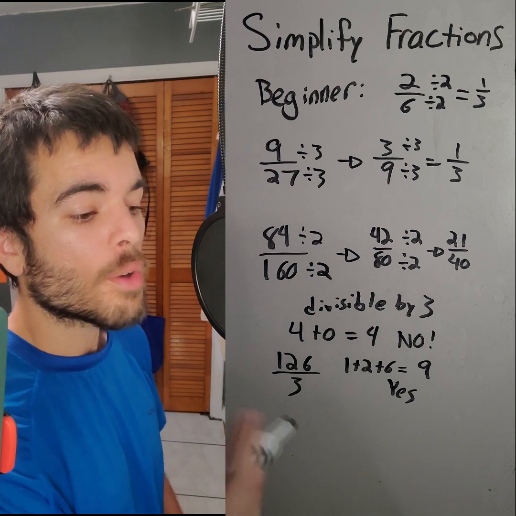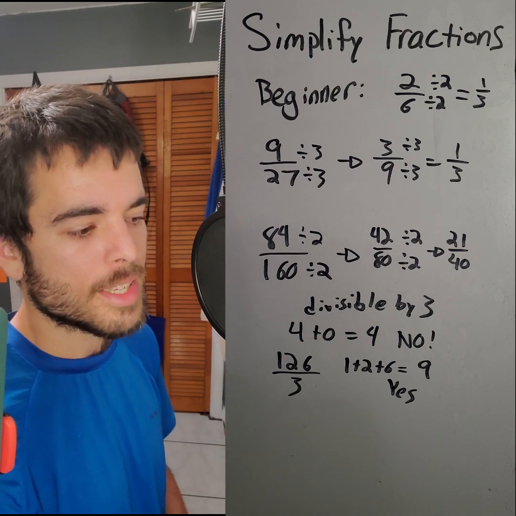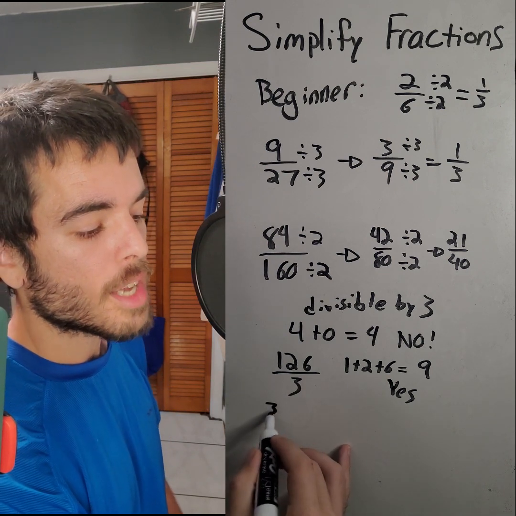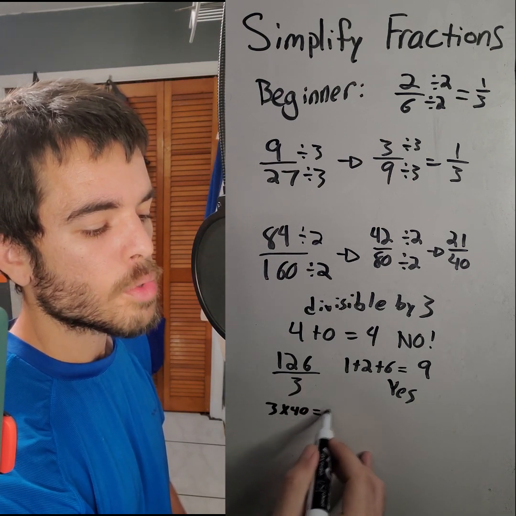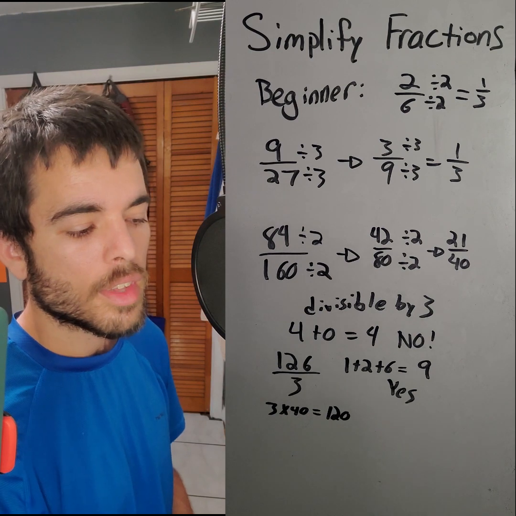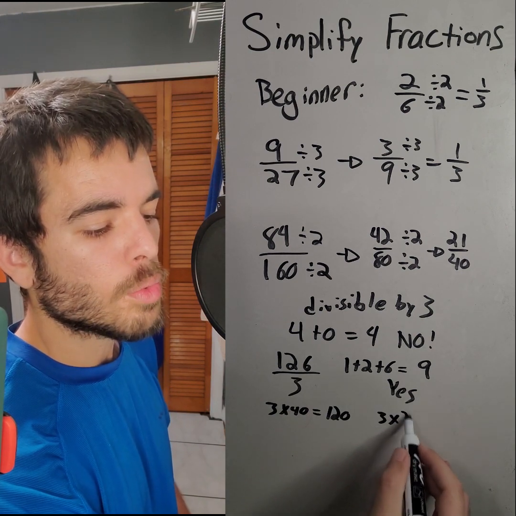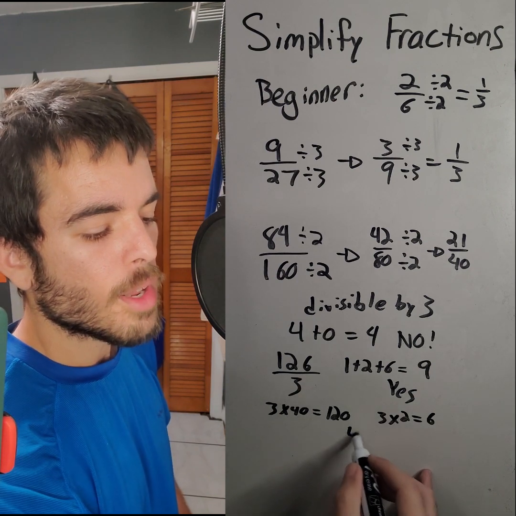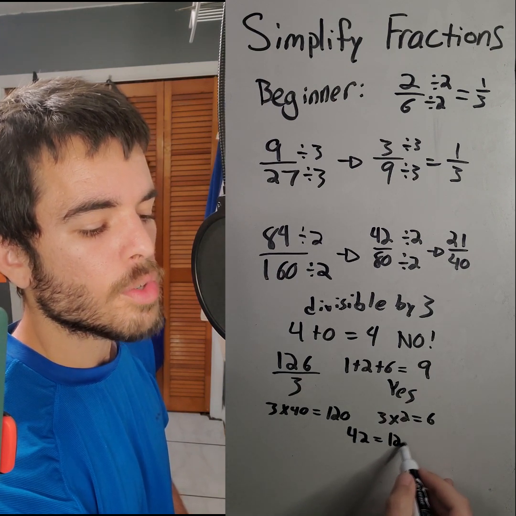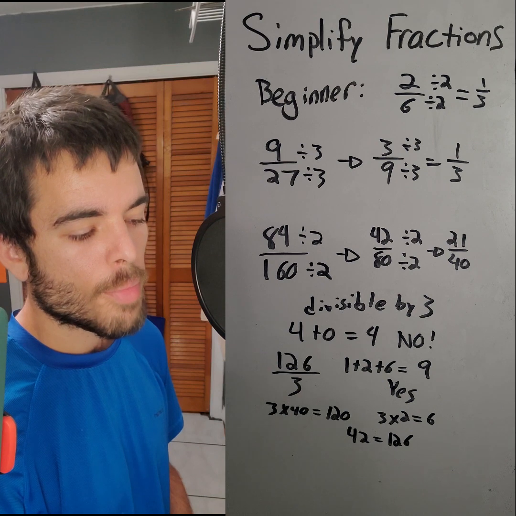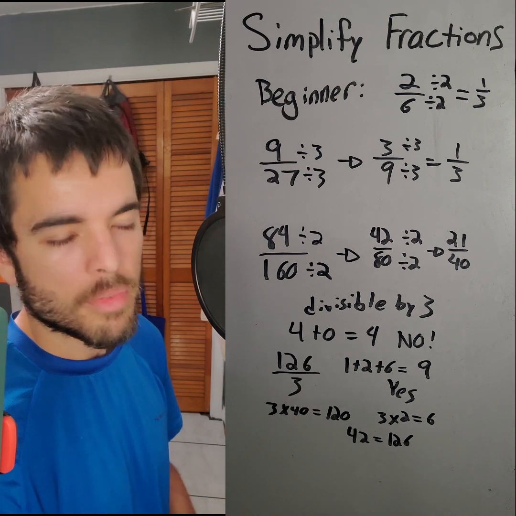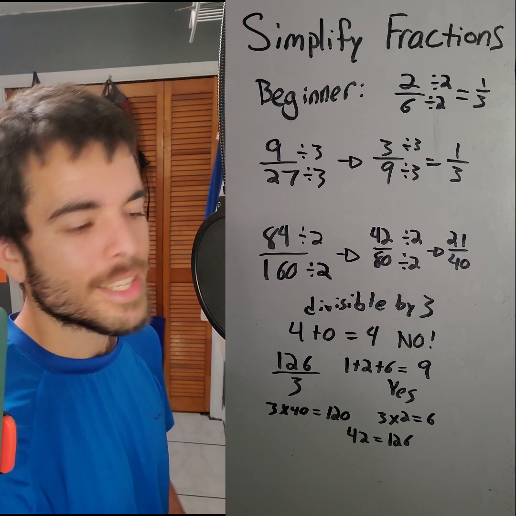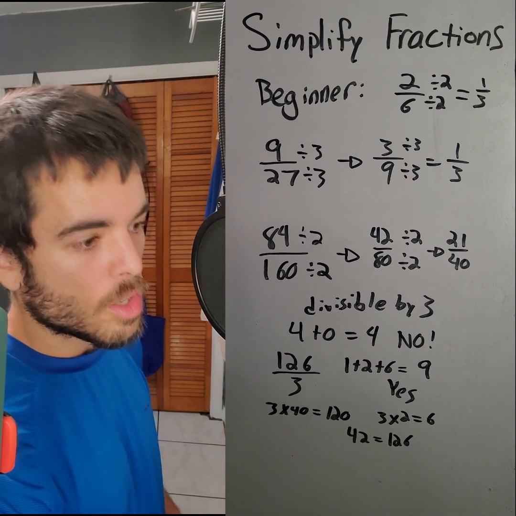Okay, so you can figure out how many times 3 goes into 126 using some mental math. For example, I know that 3 times 40 equals 120. And then 3 times 2 equals 6. So 3 times 42 equals 126. And so that's what that fraction was simplified down to. But that's a quick little tip there for finding out if a number is divisible by 3 or not.